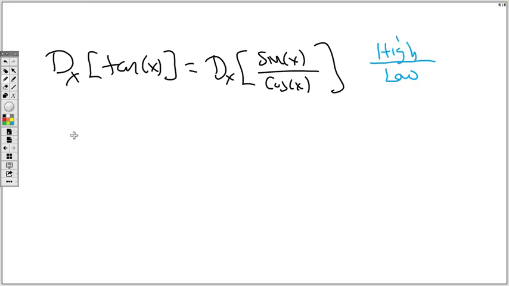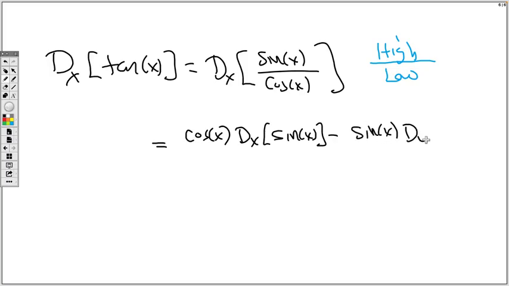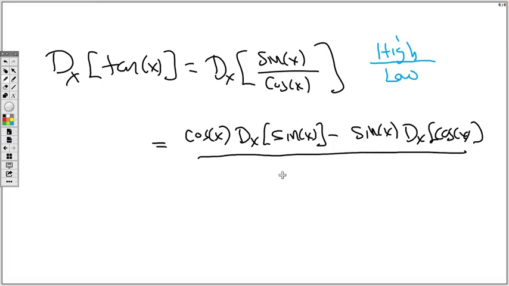All right, so how's quotient rule go? Low d high minus high d low, and then you square the denominator, and off you go.